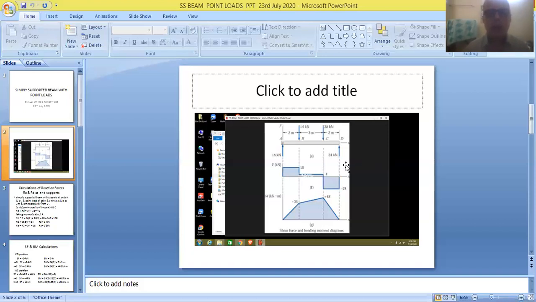Now, let us talk about the length of the beam, called the span of the beam. For measuring the length of the beam, we have to consider the end points: the left end point and the right end point.